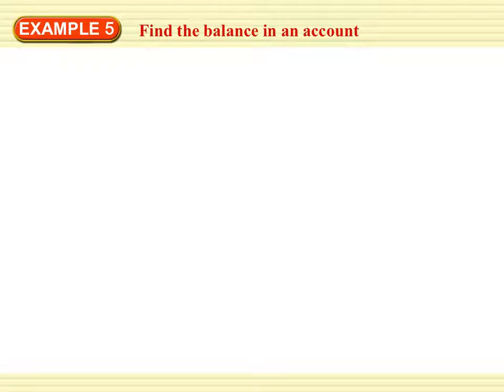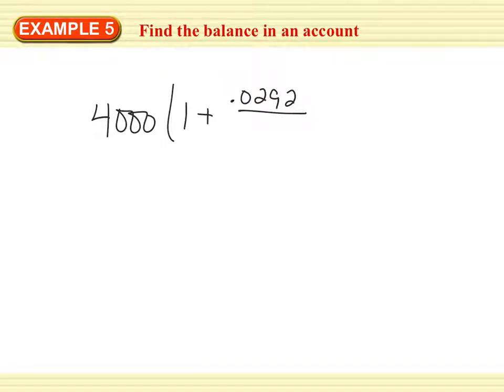Okay, when you're compounding daily, same equation. Principal, 1 plus 0.0292 over 365 raised to the 365 times 1 year. t is 1.